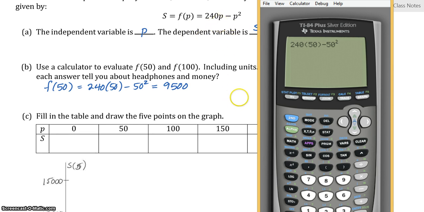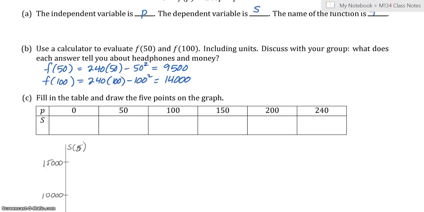I press this little, what they call a caret, to get that exponent, or you can hit this square. Then you press enter, and you'll get the answer. Plugging in 100, hopefully you got 14,000 is the correct answer.